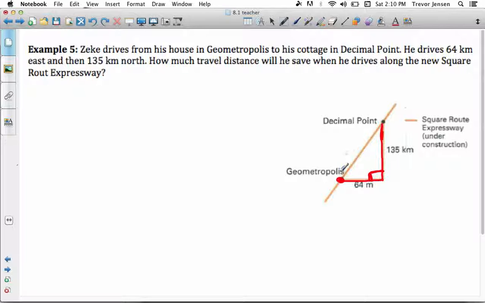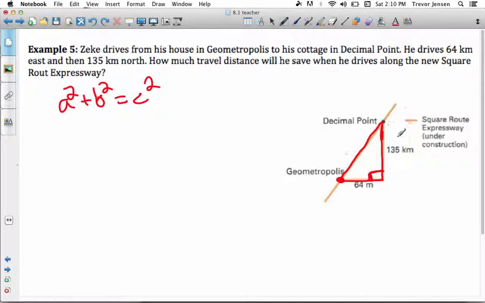So basically, that's how he normally drives to his cottage. But they're adding a new square root expressway, which is going to go directly from Geometropolis to Decimal Point. So as you can see, this forms a nice, perfect right triangle. And we know for right triangles, a squared plus b squared equals c squared. Pythagorean Theorem will allow us to find the length of an unknown side.